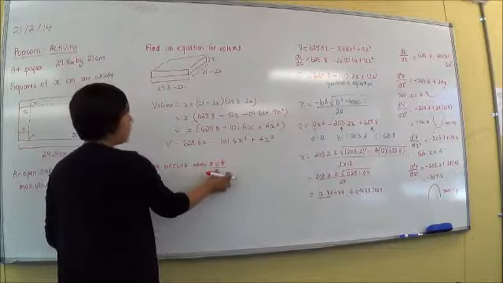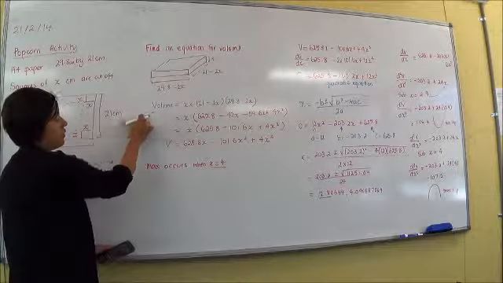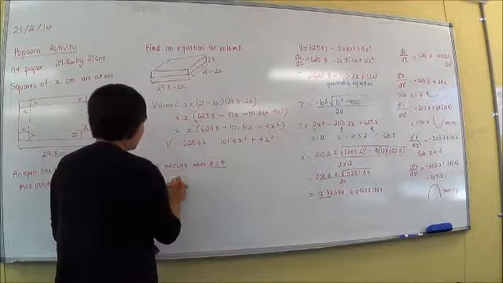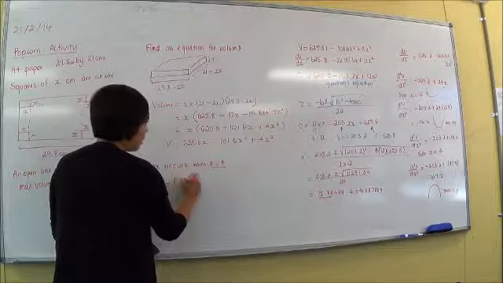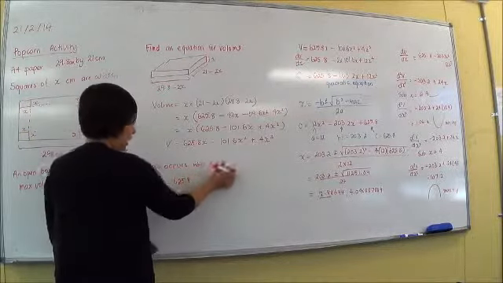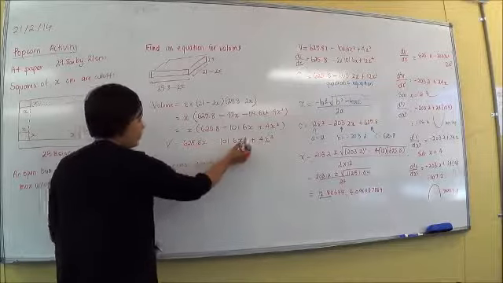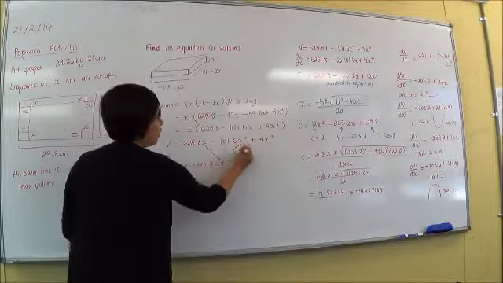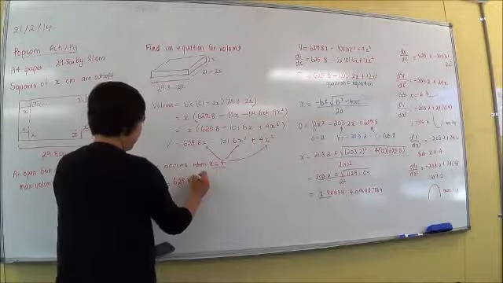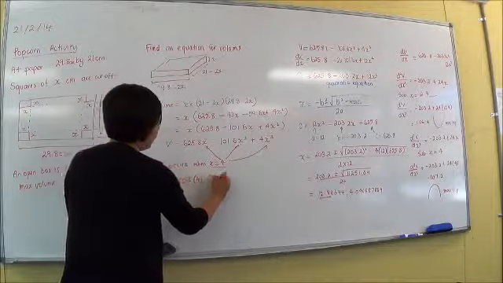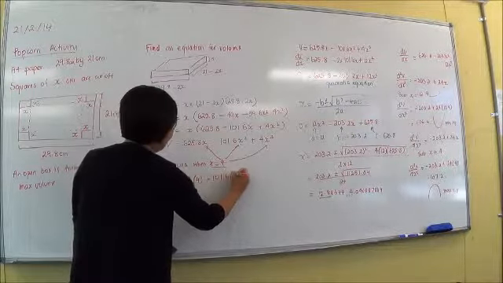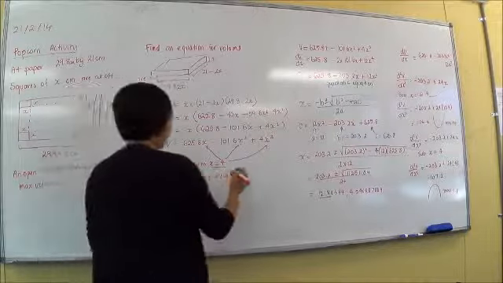Where do we substitute x equals 4 into? The original equation. So we want to work out what the volume is. We just substitute for every x value 4. Substituting this in, we should get an answer.